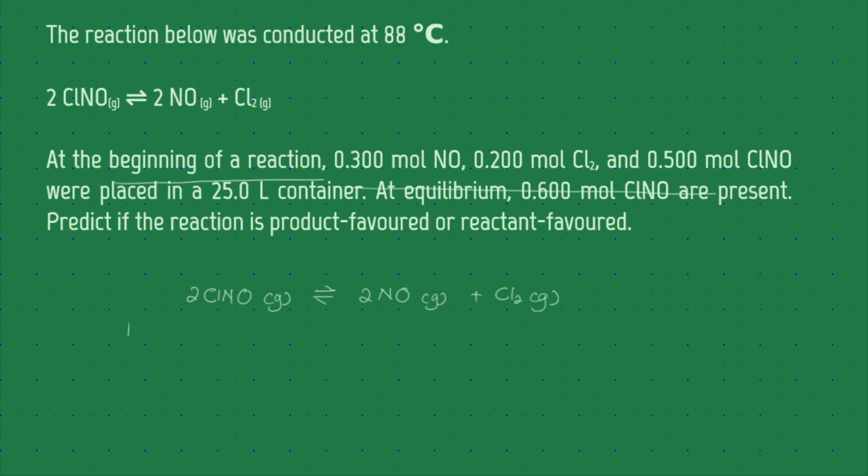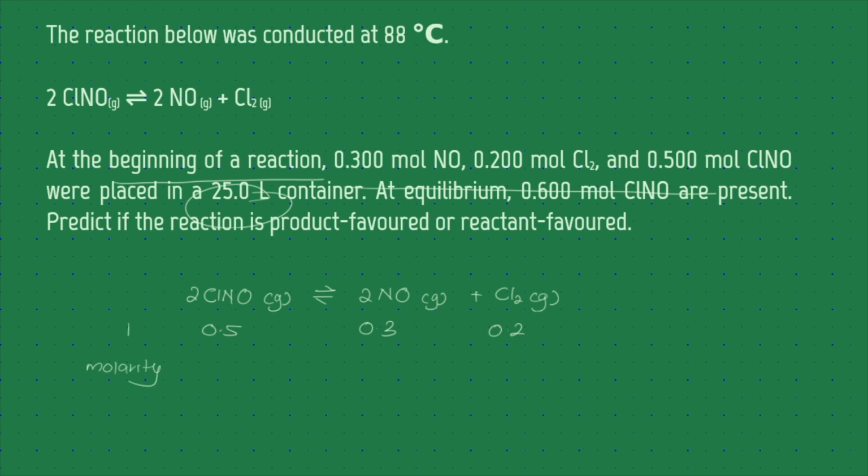So we're just going to plug in these values. So here is going to be 0.5, and the nitrogen monoxide is 0.3, and the last one is 0.2. The container is 25 liters, so we are going to find the molarity.